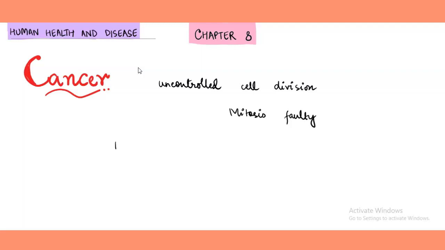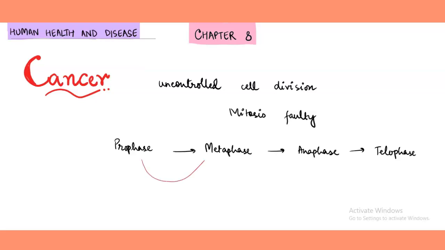We already know that mitosis occurs in four phases: prophase, metaphase, then anaphase, and in the last telophase happens, just after which cytokinesis happens. When prophase is completed and the cell enters metaphase, there are checkpoints in between.